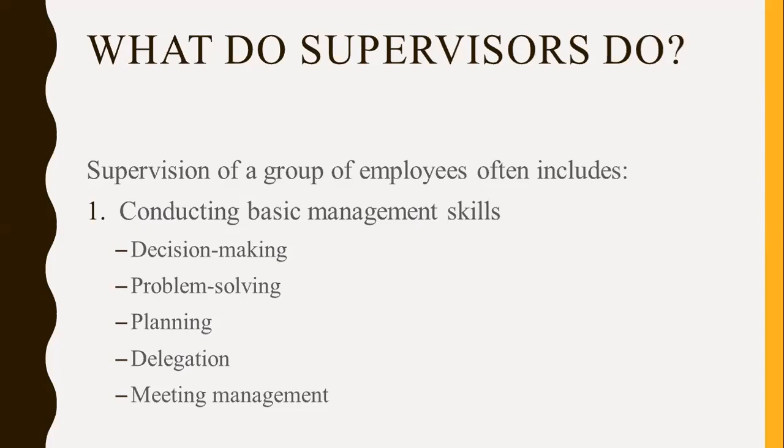Decision making towards execution of the task: how to execute, when to execute, what resources are needed, and what is the process towards execution of the activity. This is about decision making.